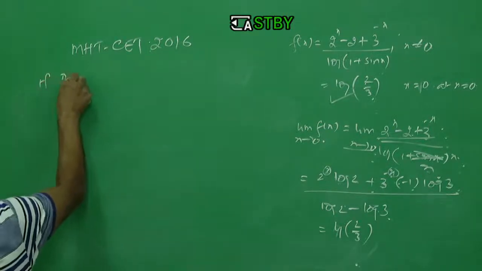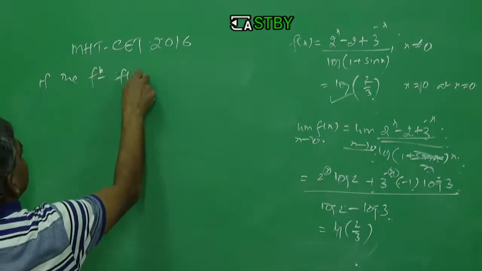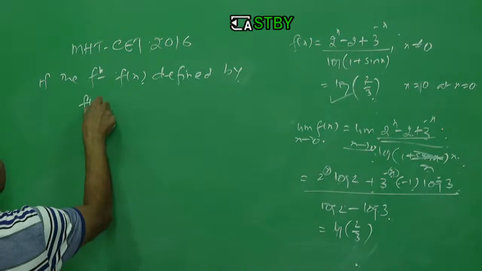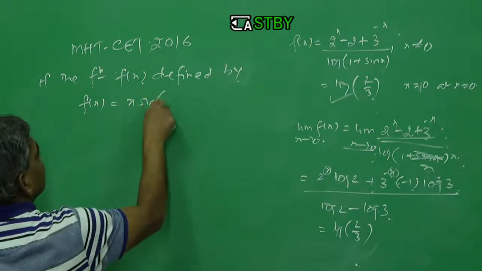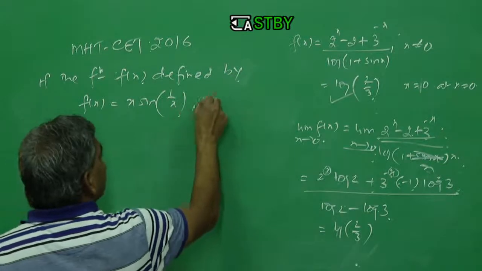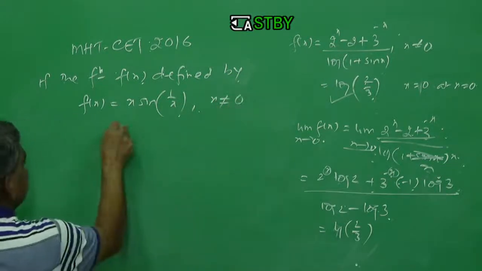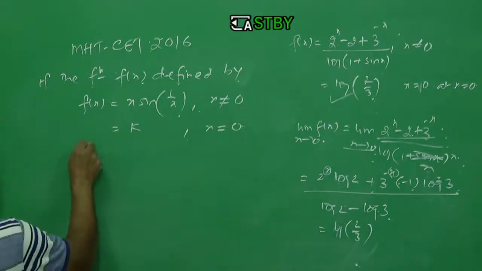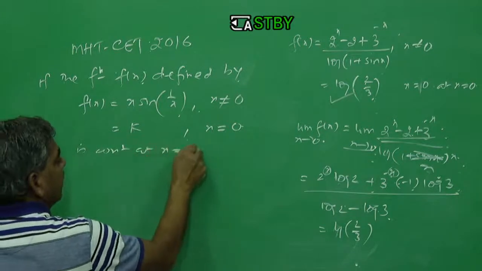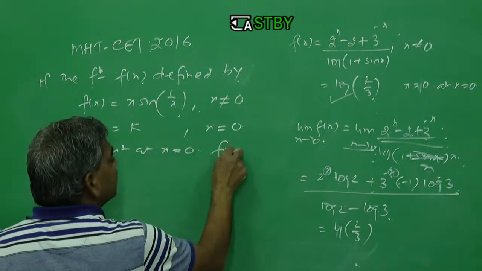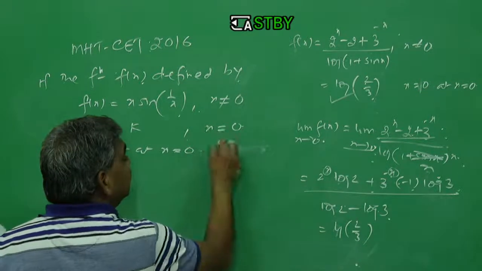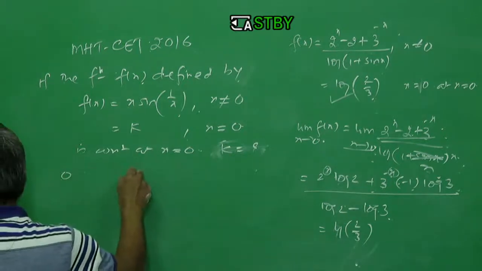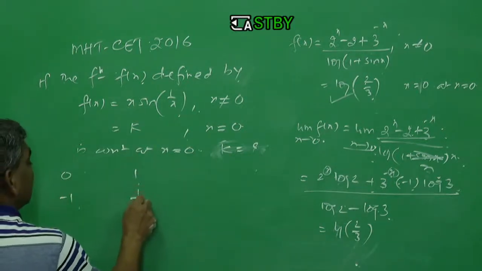If the function f of x defined by f of x is equal to x into sine of 1 by x, x is not equal to 0, and this is equal to k, x is equal to 0, is continuous at x is equal to 0, find k. Options: 0, 1, minus 1 and 1 by 2.